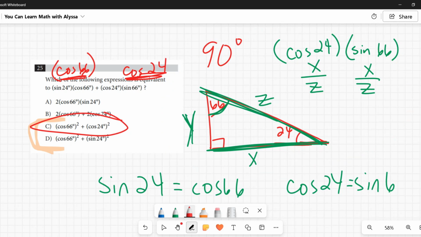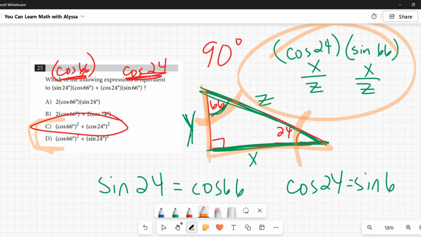But this is one of those things that's good to know, even just for your math class: if you have a right triangle, the sine of one angle is always equal to the cosine of the other angle. We're not talking about the right angle. We're talking about the two non-right angles. The sine of one is equal to the cosine of the other, and vice versa, every single time if they're in the same triangle. And this is why.